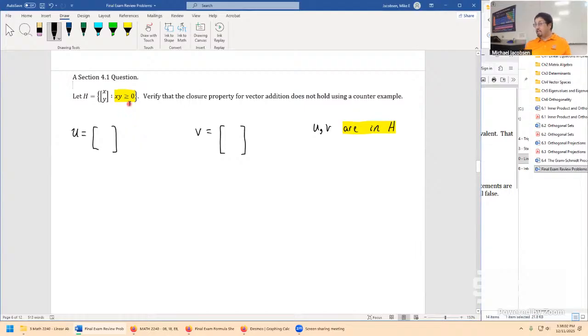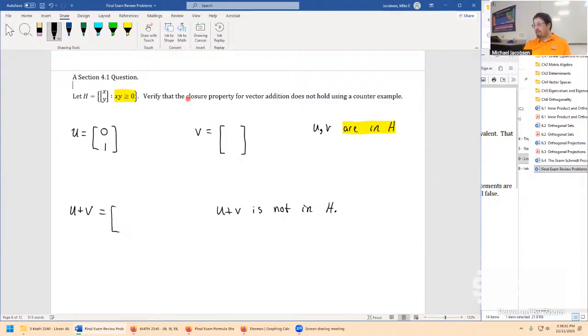If I did something like this, that should work. The product of those entries, 0 times 1, is 0. So u does belong to this set. We're trying to break the closure property, so we'll have to eventually calculate u plus v and conclude u plus v is not in H.